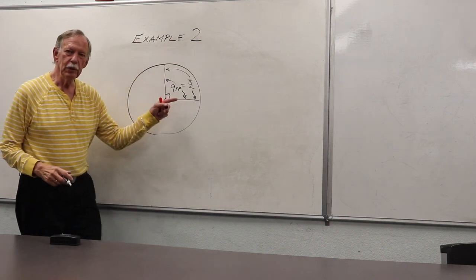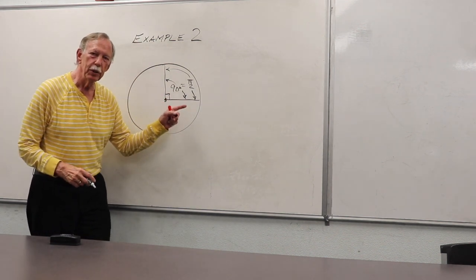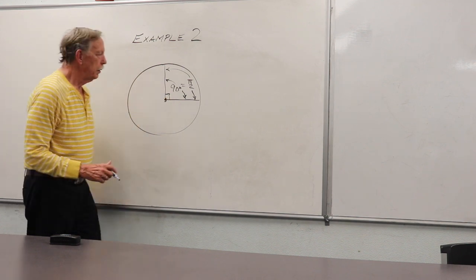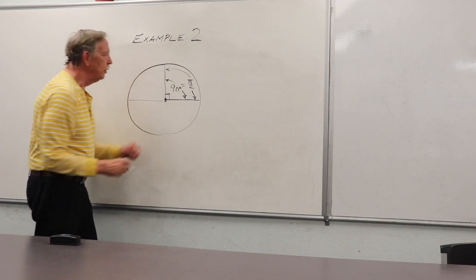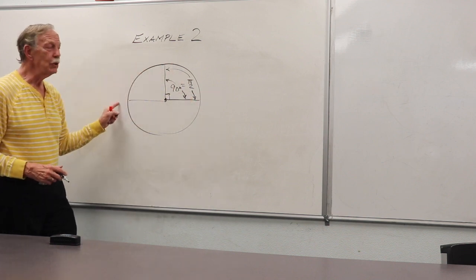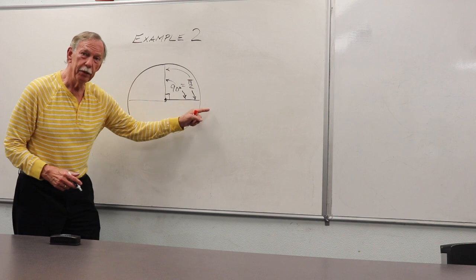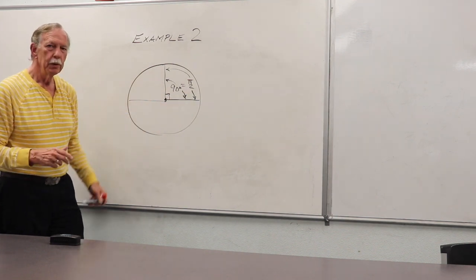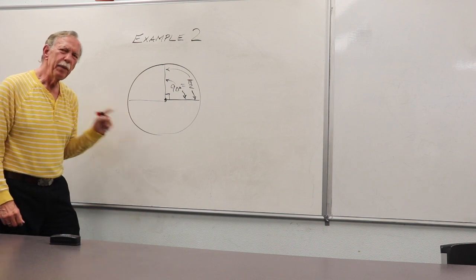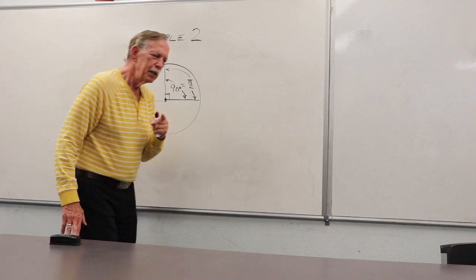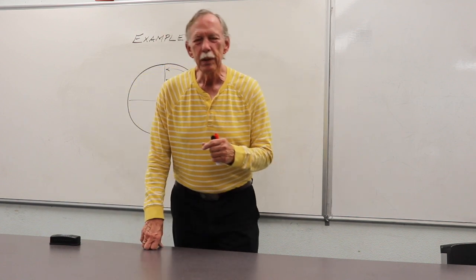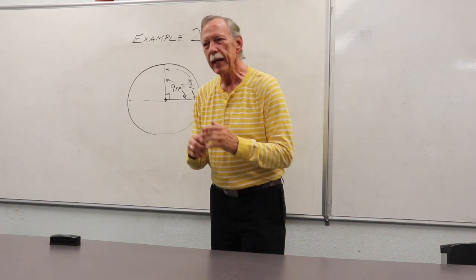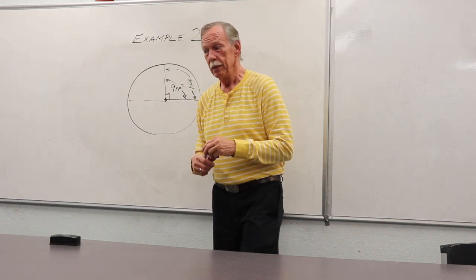Pi halves radians is exactly the same measure as 90 degrees. Because this is pi radians, half of it is 90 degrees, or pi halves radians. And about this time, you're wondering, why all the fuss? Well, sometimes working with small numbers can be a big help, and radians can help us do that.